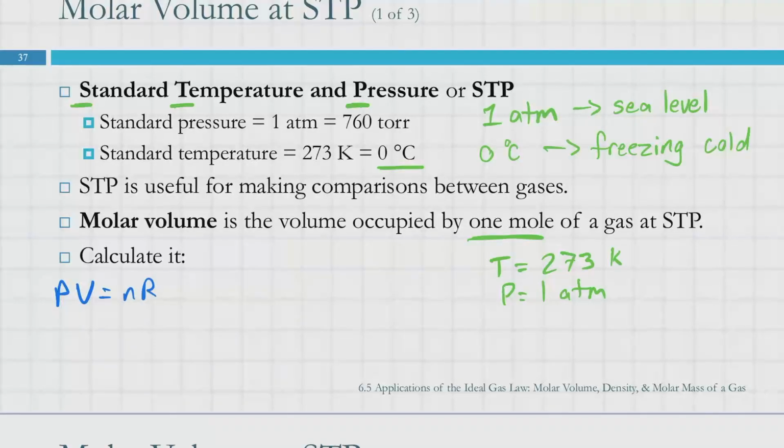PV equals nRT. So the volume, you don't need to be able to do this calculation, but it could come in handy if you forget the number and you somehow remember STP.